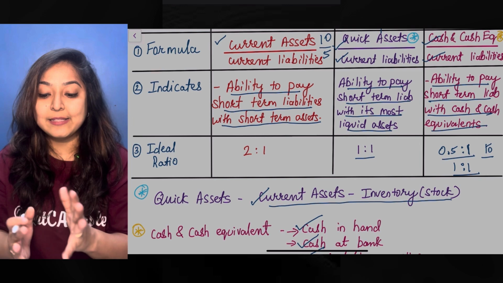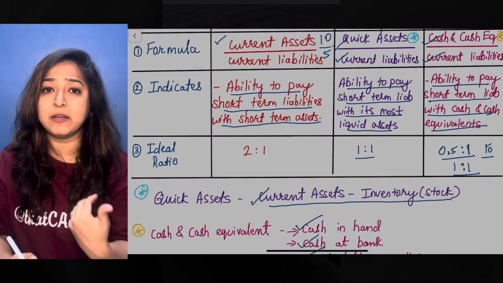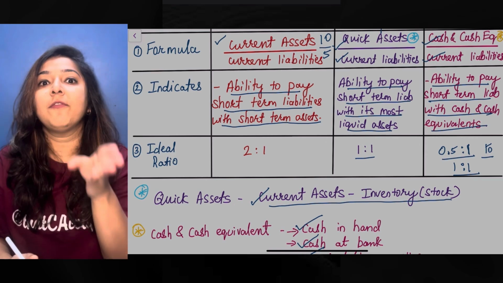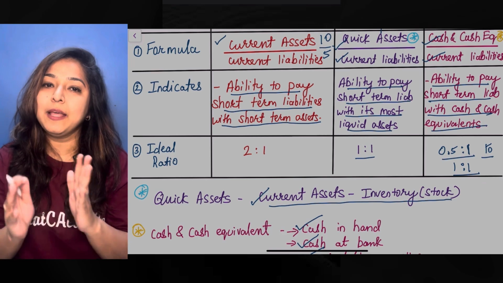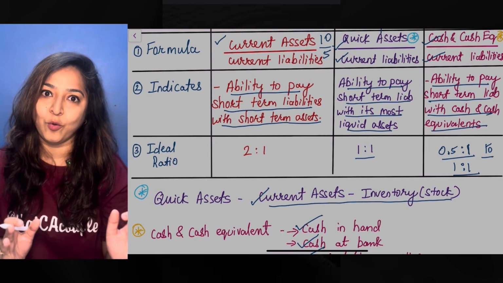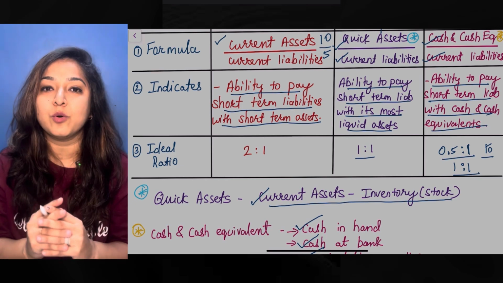All right, so that is the reason only with cash, if I have to pay off my current liabilities, I'd be better off if I have half of the current liabilities in my cash and cash equivalents, as per the ideal scenario. All right, so that is all about the liquidity ratios.